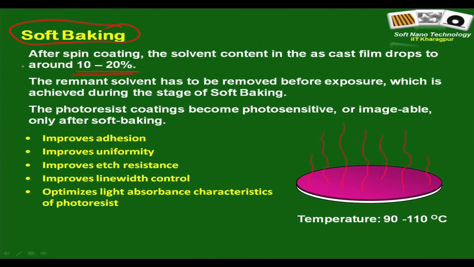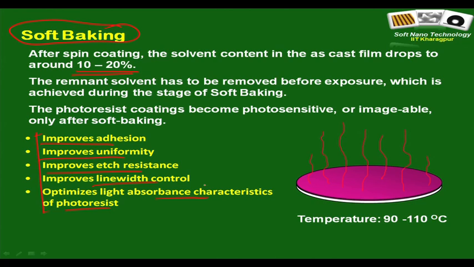Therefore, what would you like to have? You would like to have a completely solvent free pure photoresist film, which will be used for exposure under the mask, and that is exactly what is done during the soft baking step, which improves adhesion, uniformity, etch resistance, line width control, and the absorbance characteristics of the photoresist.